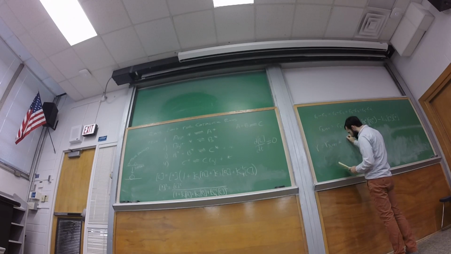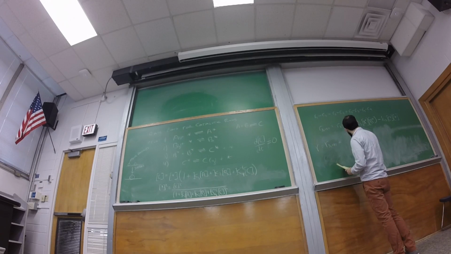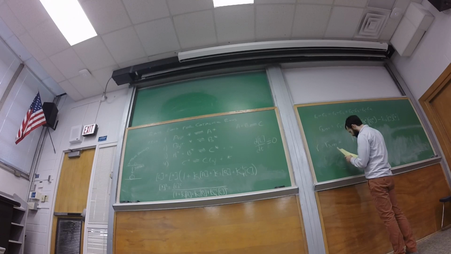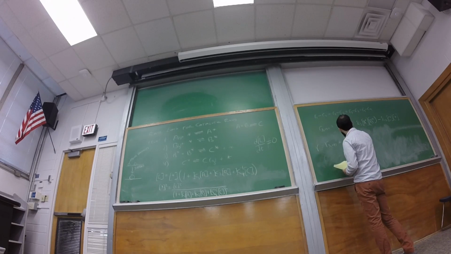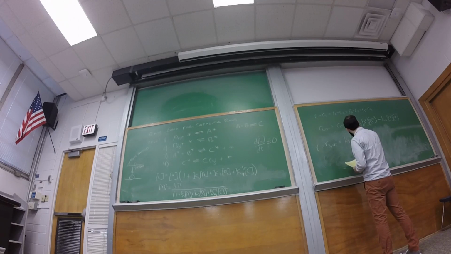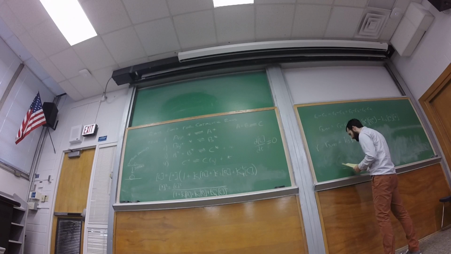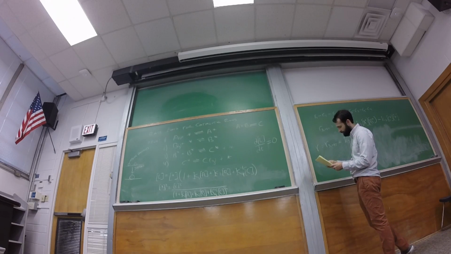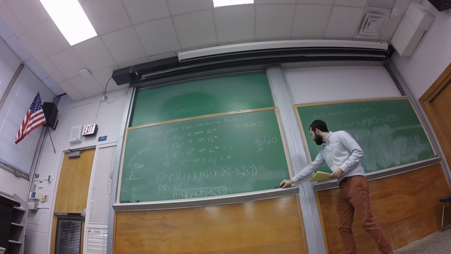And so what you end up with is K3 times big K1. Wait, hold on.